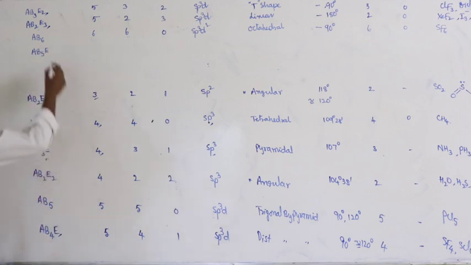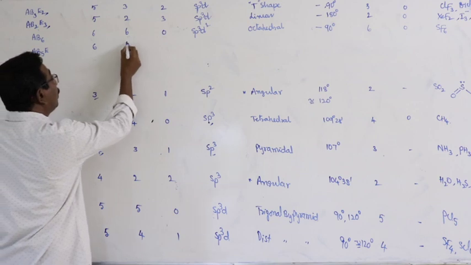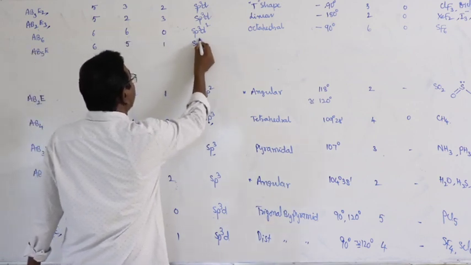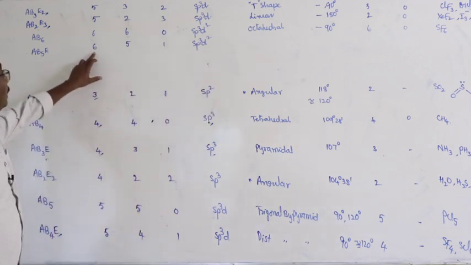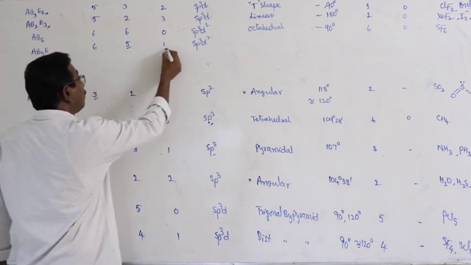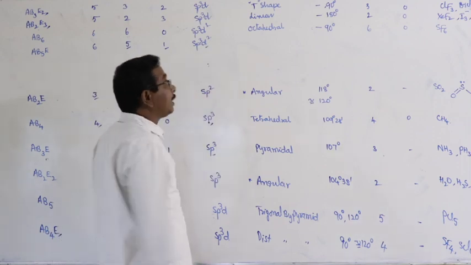AB5E means 5 bonded atoms and 1 lone pair. Electron pairs 6, bond pairs 5, lone pairs 1, hybridization sp3d2. Got this point? What about the expected shape?